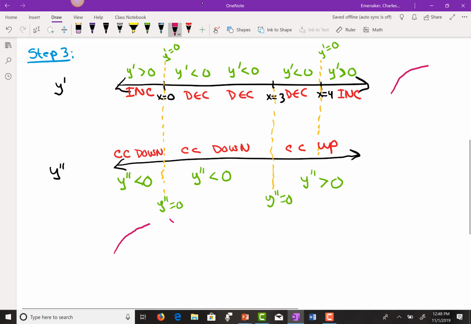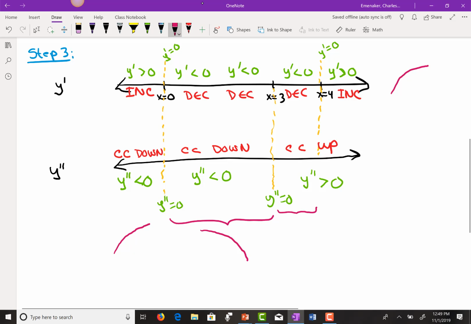The next panel or section goes from x equals 0 to x equals 3. On that, what's the graph doing? Decreasing and concave down. Decreasing and concave down. Once again, being careful not to loop things around, goes like that. Does that make sense? Here's where you got to be careful. The next panel goes from x equals 3 to x equals 4. Do you see that? Be careful.